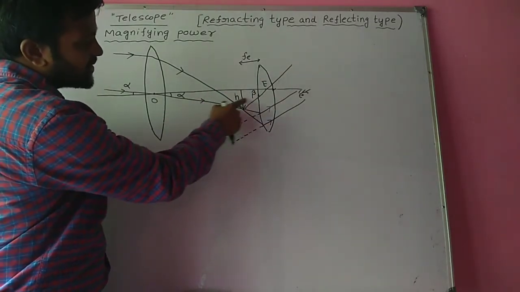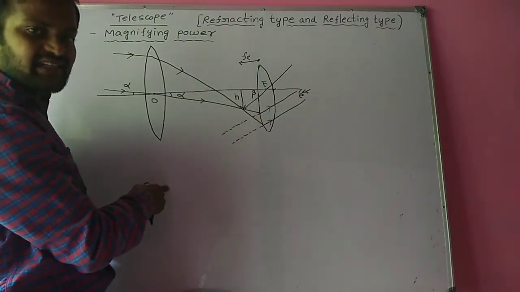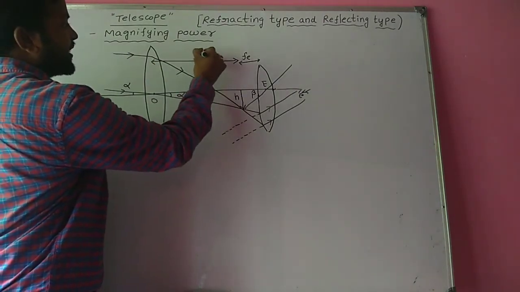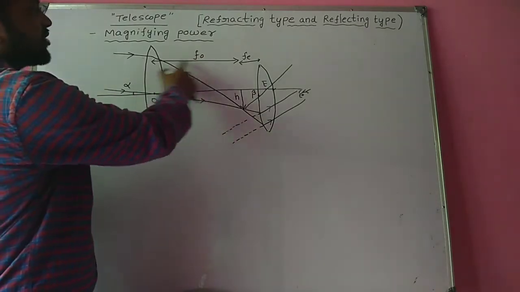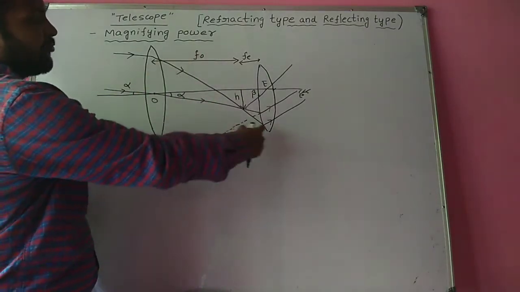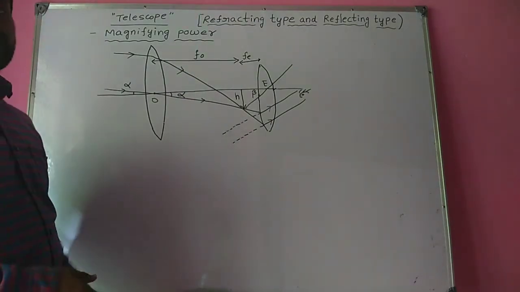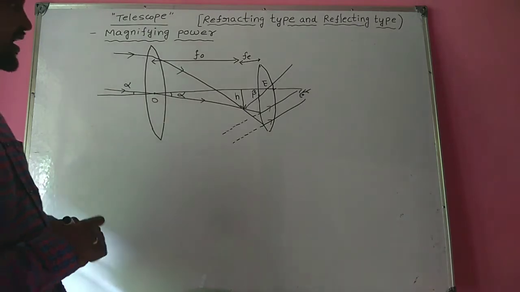Whenever the object is exactly at the principal focus, the image is formed at infinity, and with a relaxed eye we can observe the image. This can be taken as Fo, the focal length of the objective. We have taken the focal length of the objective as very large and the focal length of the eyepiece as very small. Let us determine the expression for the magnifying power or magnification.